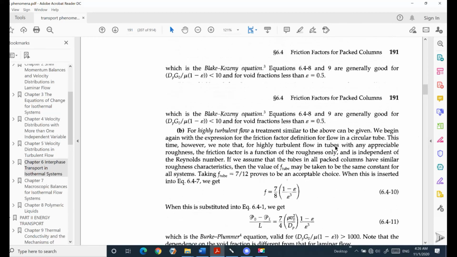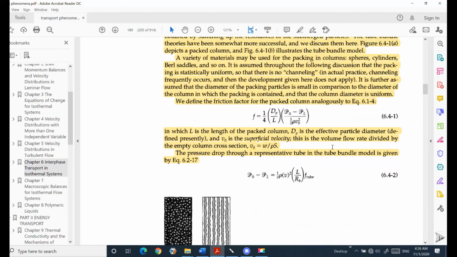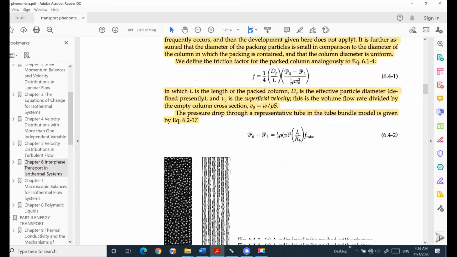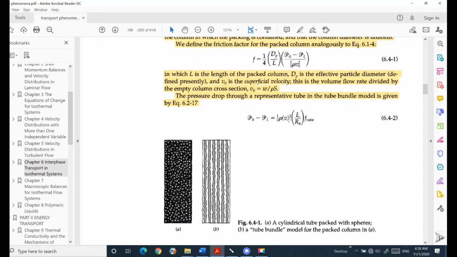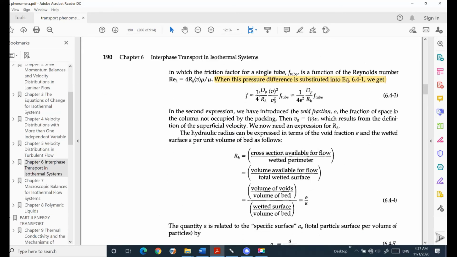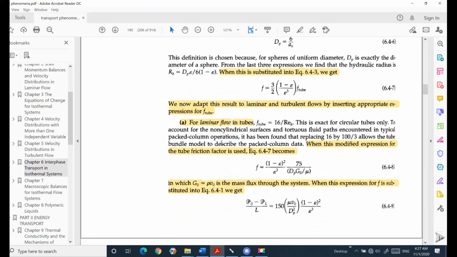So what did we do in this section? We defined the packed column based on the theory of a collection of tube bundles, and then we started discussing the friction factor in the channel. Then we defined a new friction factor, f tube. Then we defined our friction factor based on the dependence on f tube. Then we calculated f tube for different cases.